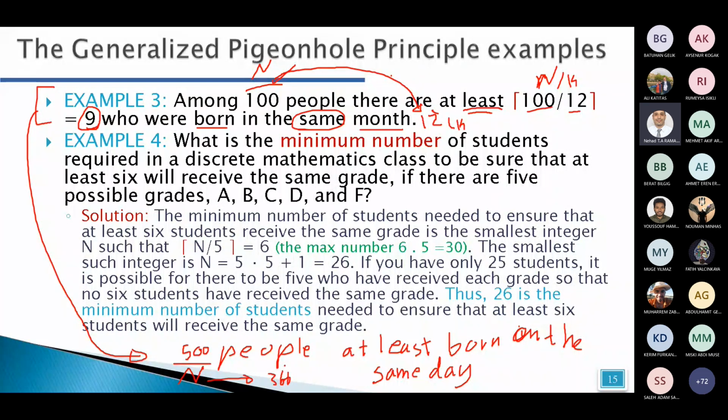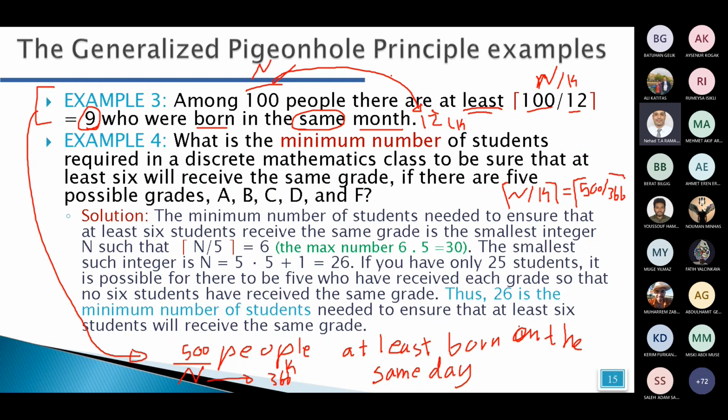So this is K. So the rule is N divided by K, which is 500 divided by 366.